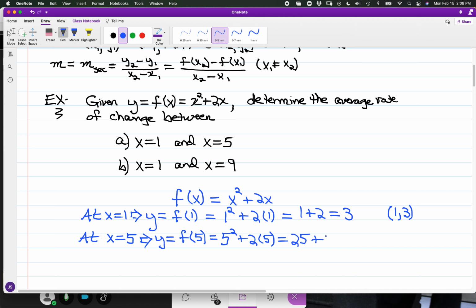So 5 squared is 25, 2 times 5 is 10, and 25 plus 10 is going to make 35. So another point on the graph of this function is (5, 35).